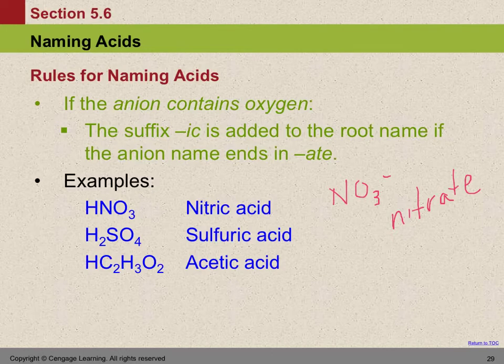So because of our nitrate, we change the ending to "ic." Same thing, sulfate with 2 hydrogens, we have sulfuric acid. Now we add 2 hydrogens because our sulfate has a 2- charge. And like before, we always want our compound to be neutral, or 0. And lastly, acetic acid. So we had acetate, added our hydrogen, so it became acetic acid.